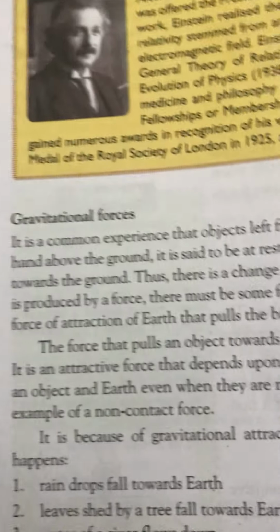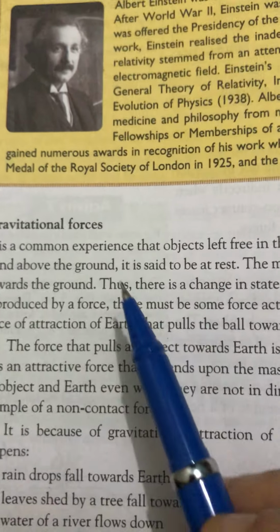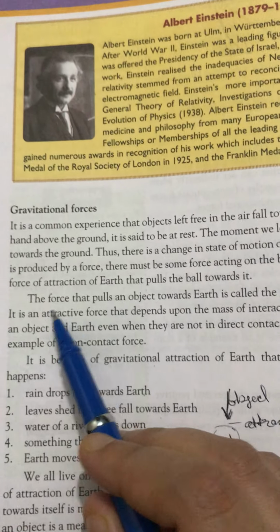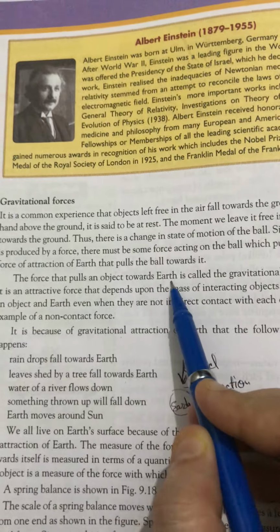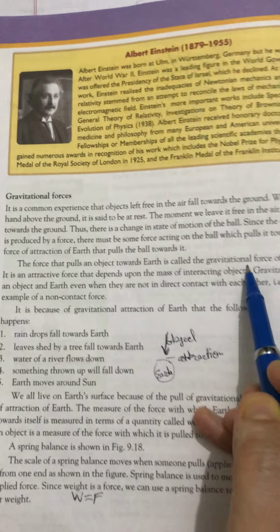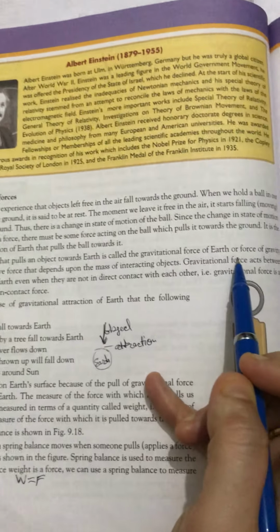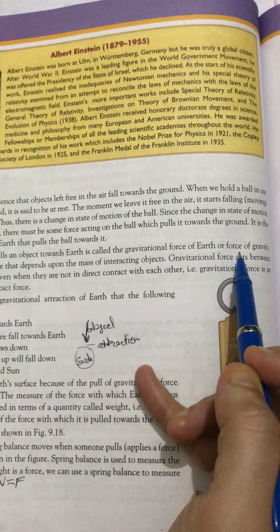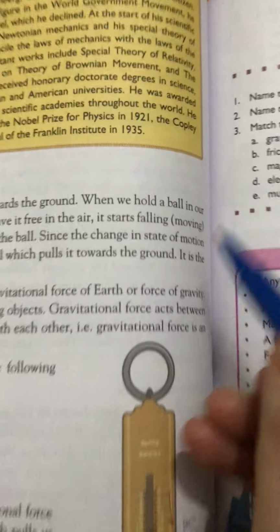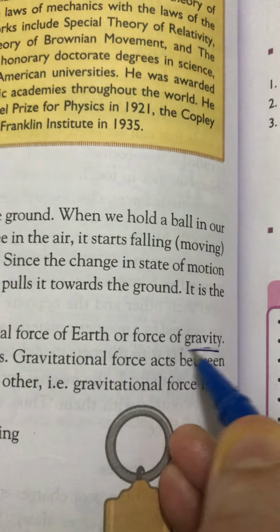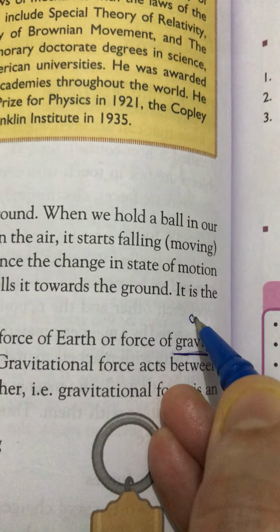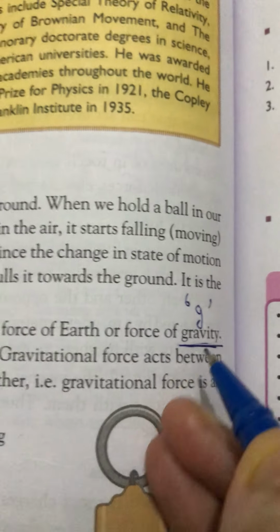Next, a very important force is gravitational force. Now, what is gravitational force? The force that pulls an object toward Earth is called the gravitational force of Earth, or you can say the force of gravity. Gravity is denoted by the symbol g.